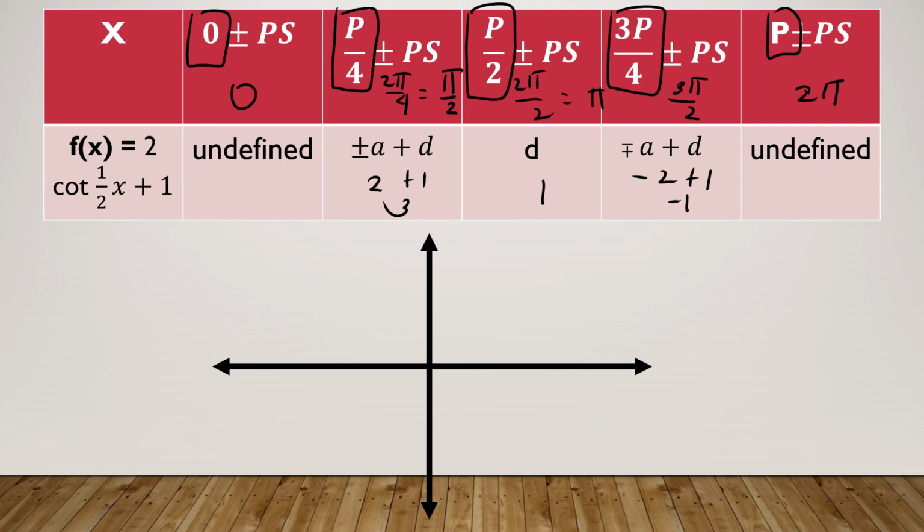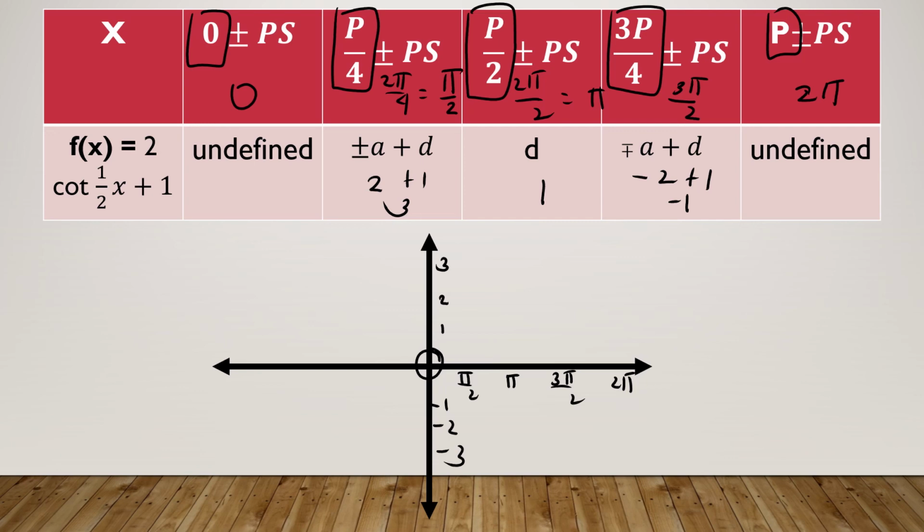And then after that, we're going to write values for x and y on the given graph. So we have 0, pi over 2, pi, 3 pi over 2, and then 2 pi. After that, we're going to write values for y. So we have 1, 2, 3, and then this one is negative 1, negative 2, negative 3.